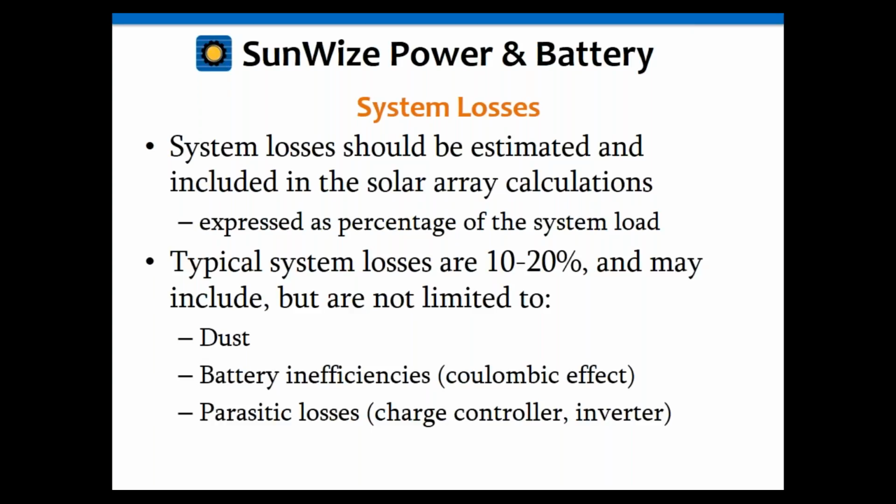They have a little worksheet on that. Again, there may be other losses you might think of as well. These are just some of the typical ones I've mentioned here. Usually these losses are somewhere between about 10 to 20% of the actual system or the load.